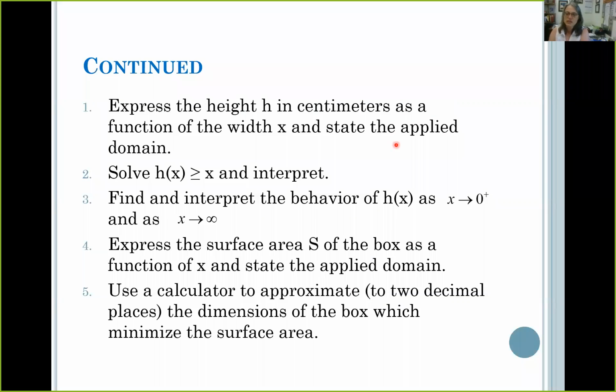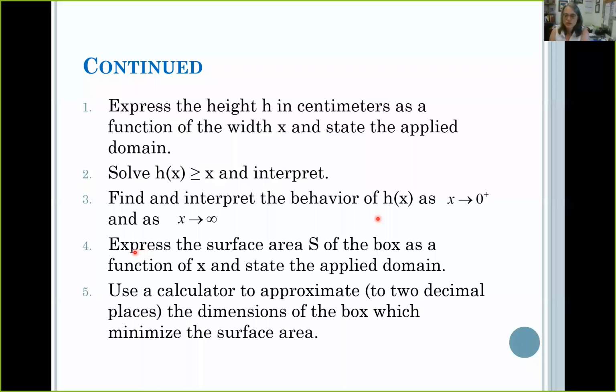What we want to do is express the height in centimeters as a function of the width of the box. Then we want to look at the x's where our height will be greater than our base dimensions. And then we're going to talk about some end behavior.